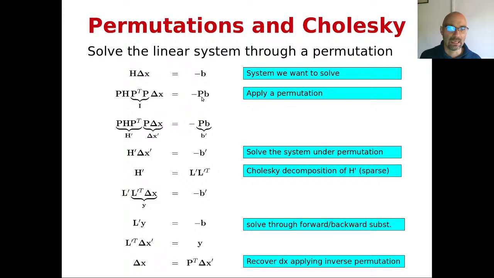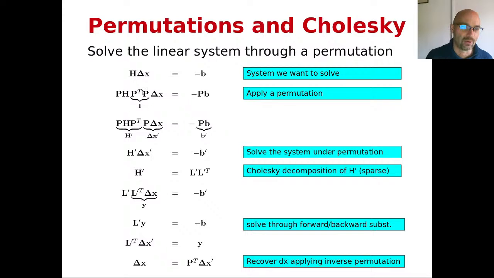Then, given that the permutation and its transpose are one the inverse of the other, if I multiply them, I have the identity. And so, given this is a matrix equation, I can shuffle an identity wherever I want.